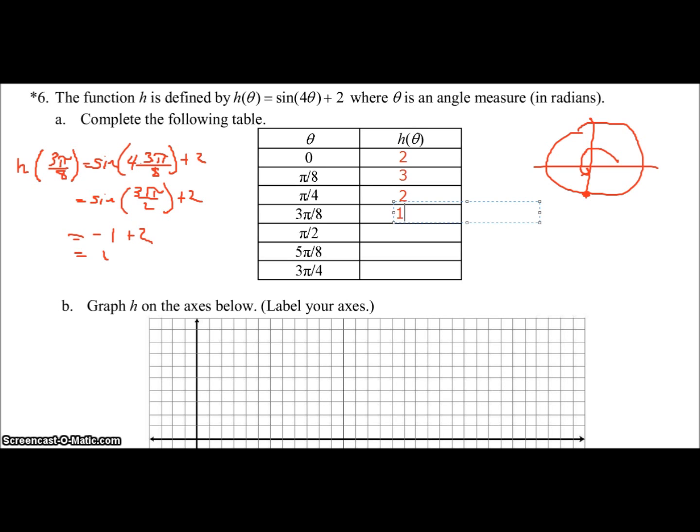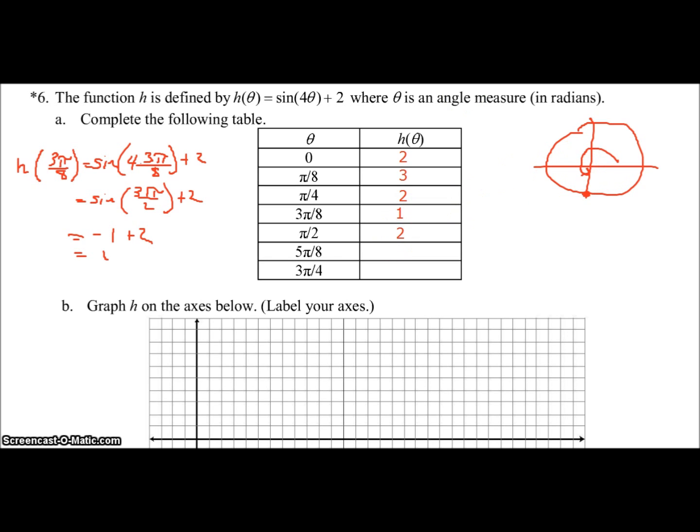And sine of 4 times pi over 2 would be sine of 2 pi, which would be 0, plus 2 would be 2. And then 5 pi over 8, let's see, that would be 5 pi over 2, which would just be the same as pi over 2.